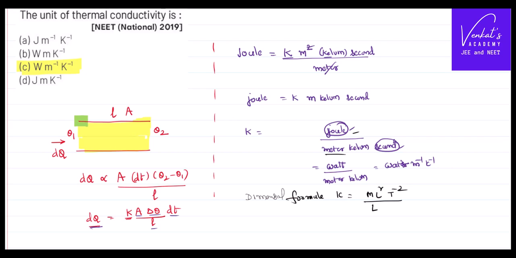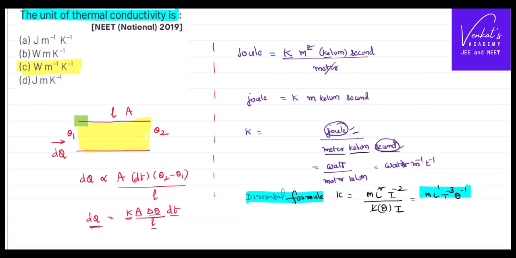Meter is length, so L is the dimension. Temperature is Kelvin, you can write it as theta. Second means time, so it is measured with T. So one L cancels, giving M, L power 1, T power minus 2, and in the denominator T power plus 1 becomes minus 1 in the numerator, that is T power minus 3, and theta inverse, or Kelvin inverse. That's the dimensional formula of coefficient of thermal conductivity.